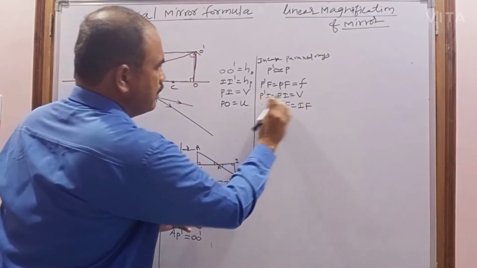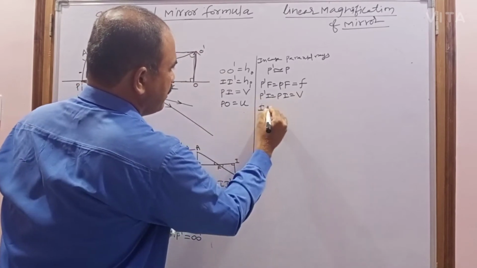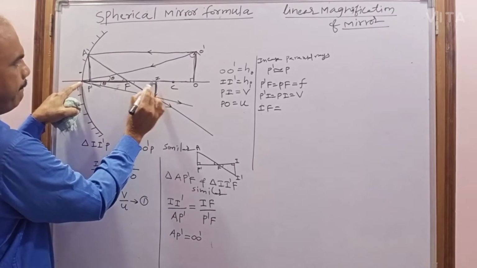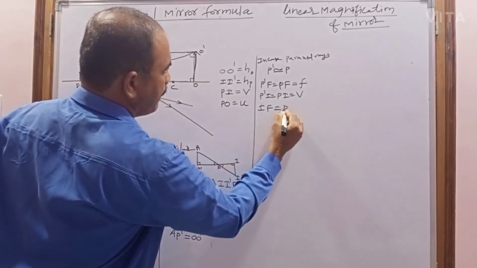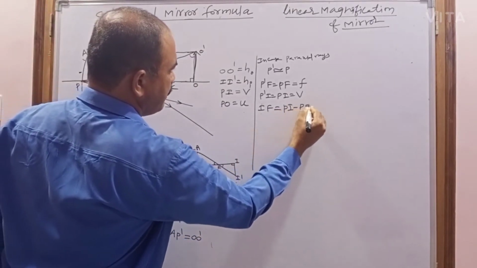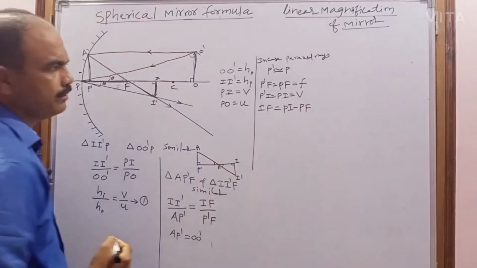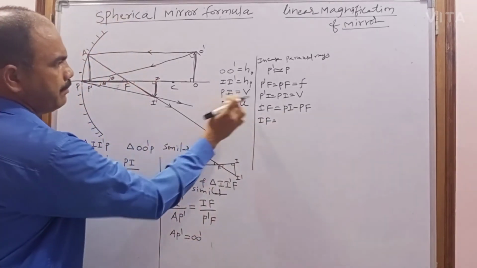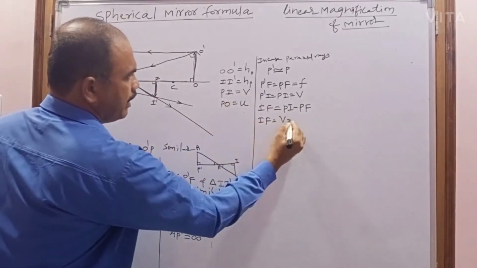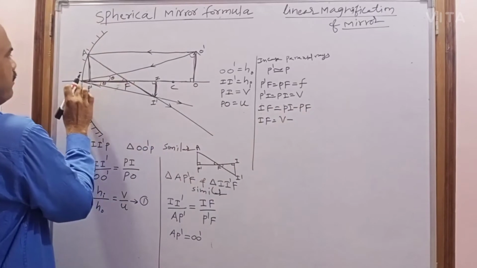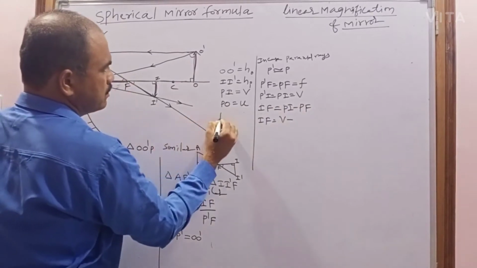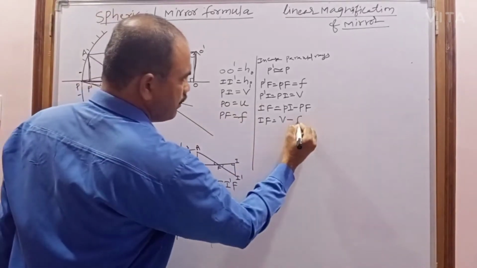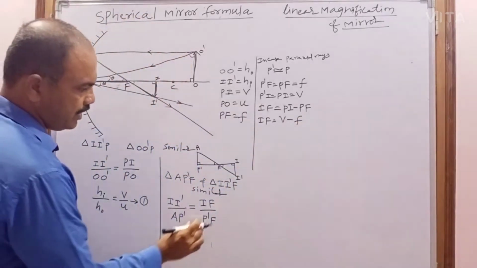So IF can be written as PI minus PF. IF equals, what is PI? PI means V. And what is PF? Pole to focus distance is nothing but the focal length F. So V minus F.